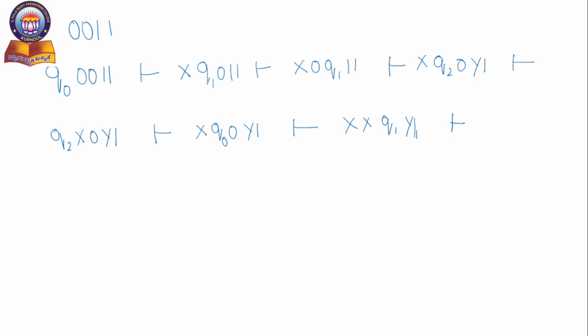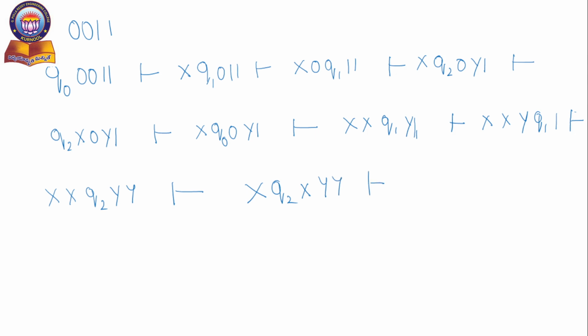On the next move, X X Y, we are scanning just towards the right side. 1. On the next move, X X Q2 Y Y. X Q2 X Y Y.